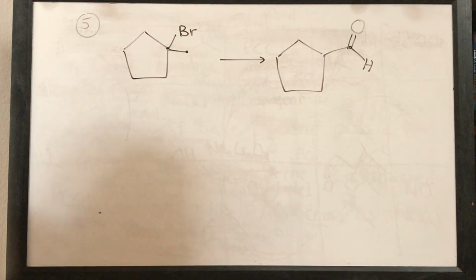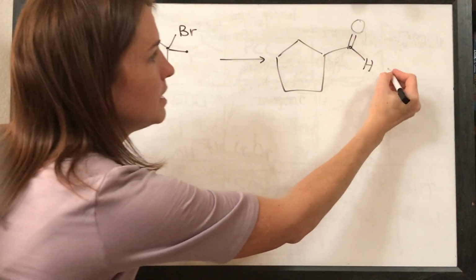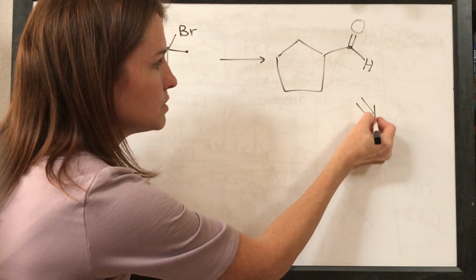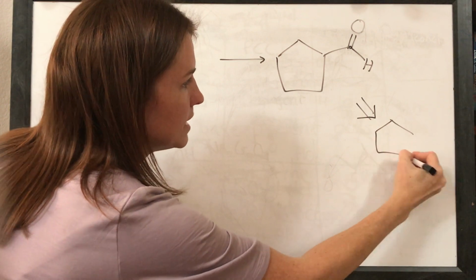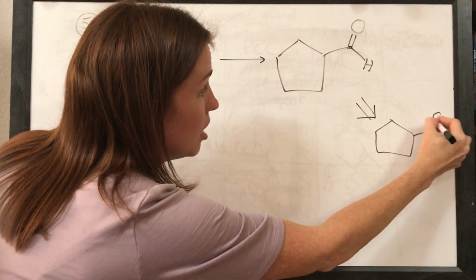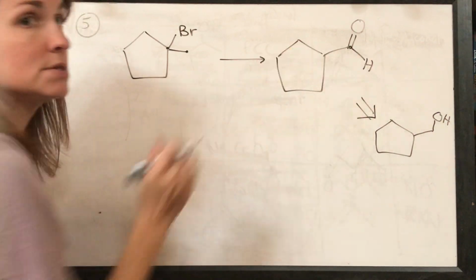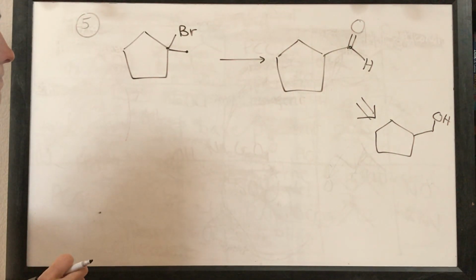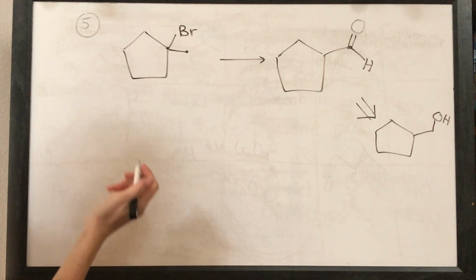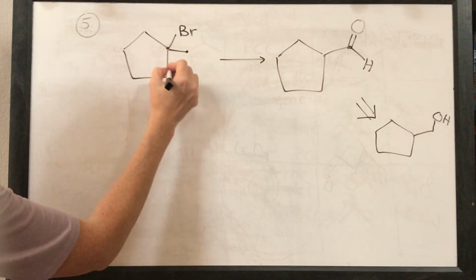And since we've just been talking a lot about oxidation reactions, if we think backwards, retrosynthetically, if we can get this to be an alcohol, then I've just learned about a whole bunch of different oxidizing reagents that I can use to try and oxidize that into an aldehyde. So if I want to make an alcohol there, this is tertiary.